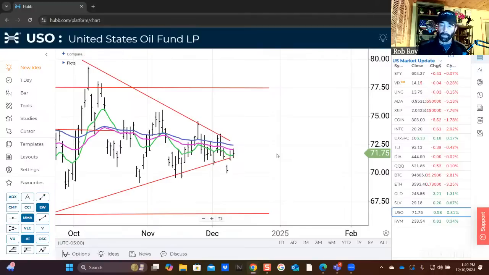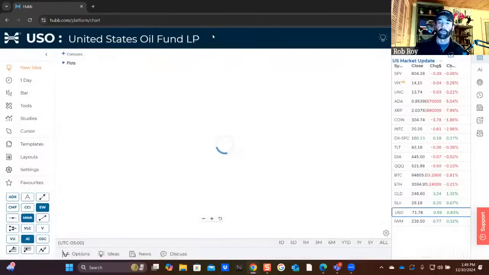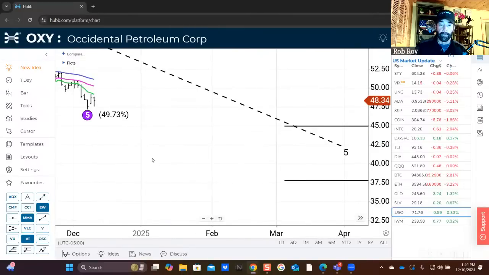My viewpoint, and that's all it is, my viewpoint, is that it's highly likely that whatever extra production we have in the U.S., OPEC is going to cut production because they do want the prices to stay up. So even though we will break out of this triangle at some point, I think we stay in a big trading range, and I could be wrong, but let's go back to Oxy and take a look at that.